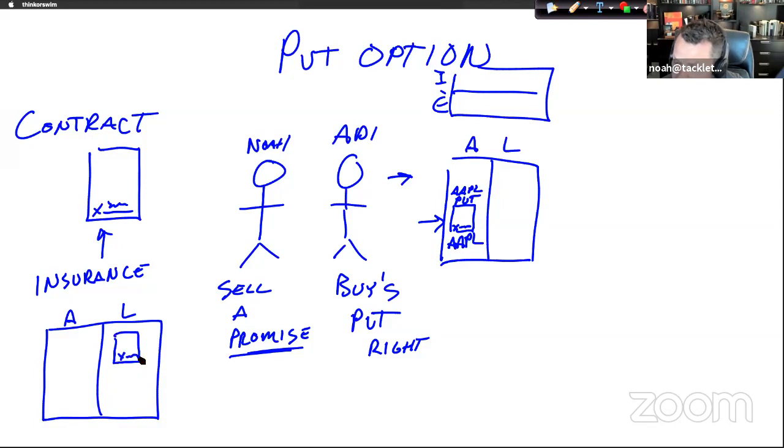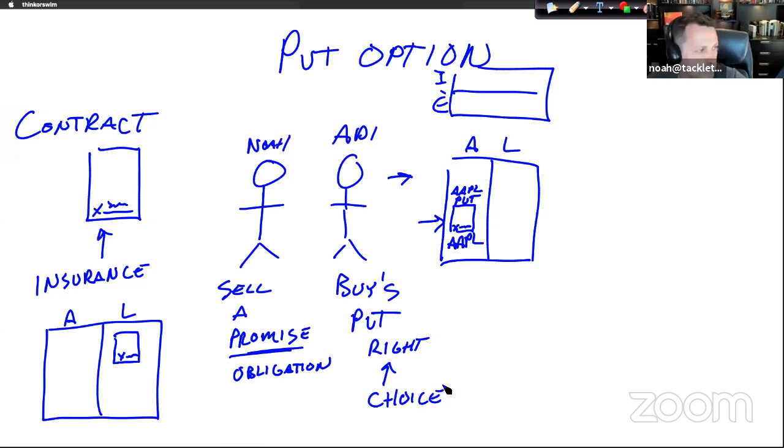But that contract is a liability to me. So I get the income from the premium he purchases, but I have an obligation. So to me, that promise is an obligation. But Addy, he has a right, but no obligation. Or in other words, he has a choice.